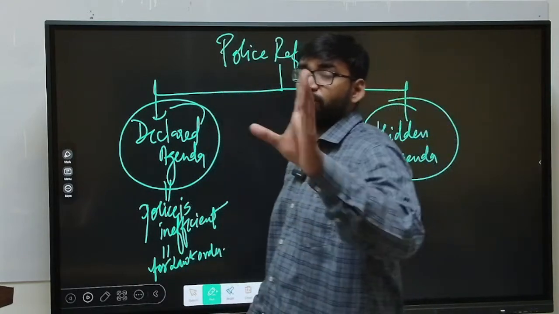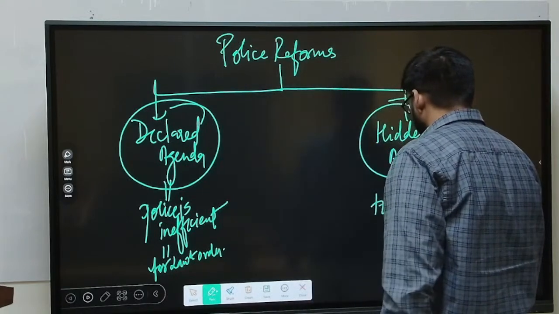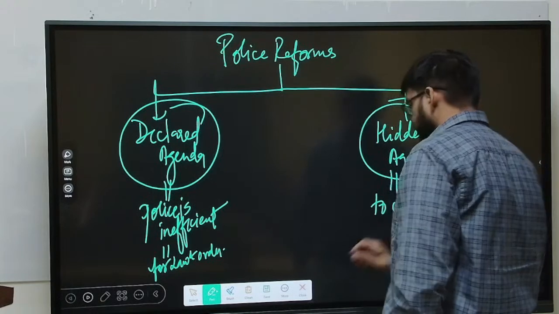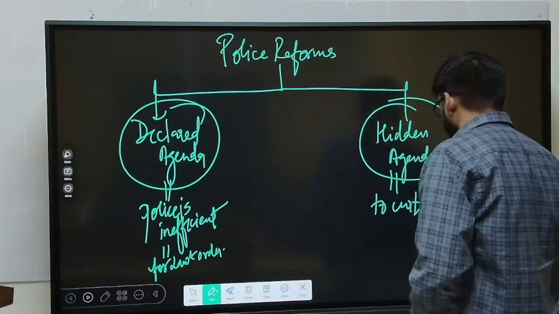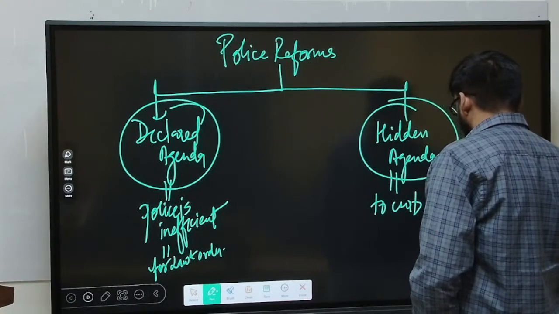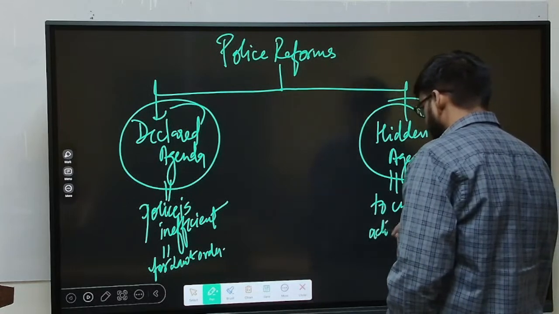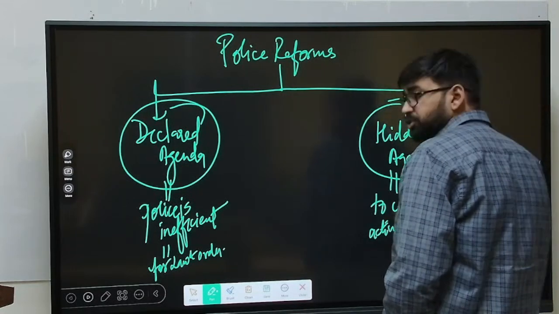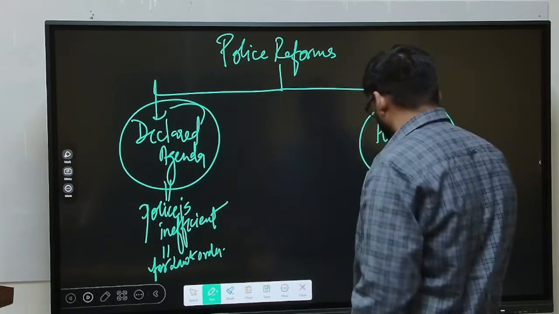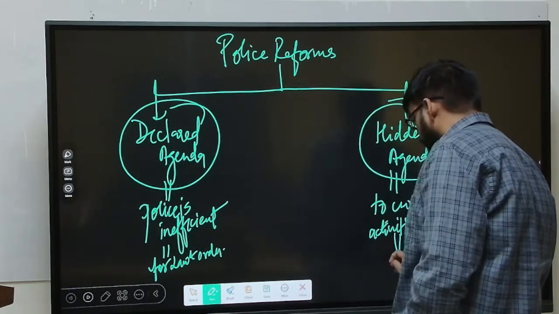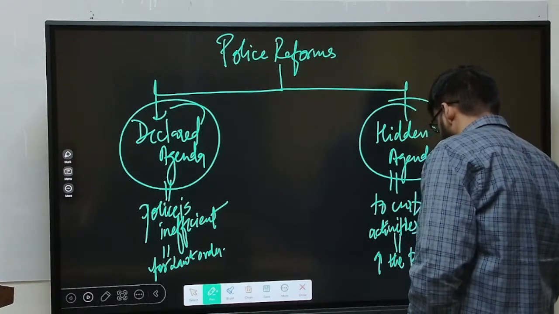The real agenda of Lord Curzon was to curb nationalistic activities, so that he can increase the police. So he increased the police.